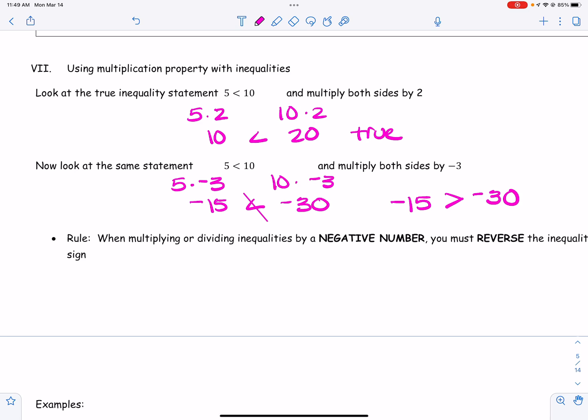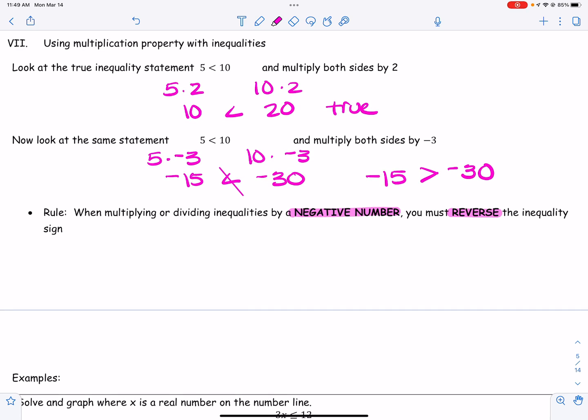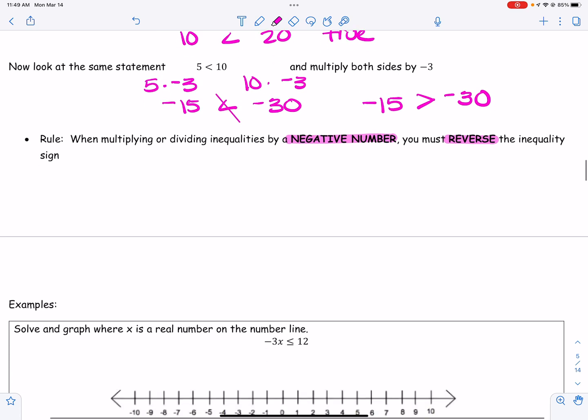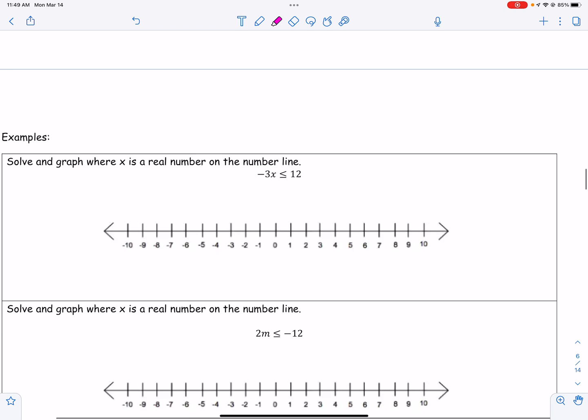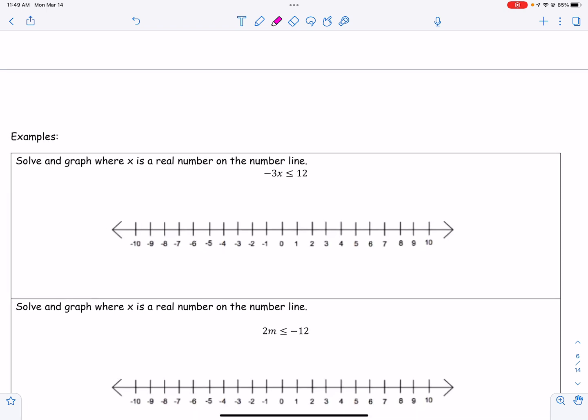So here's the rule that we have to remember. If you multiply or divide by a negative number, you must reverse the inequality sign to make it a true statement. Okay? So as we go through, we look, x is a real number, so I'm going to shade.